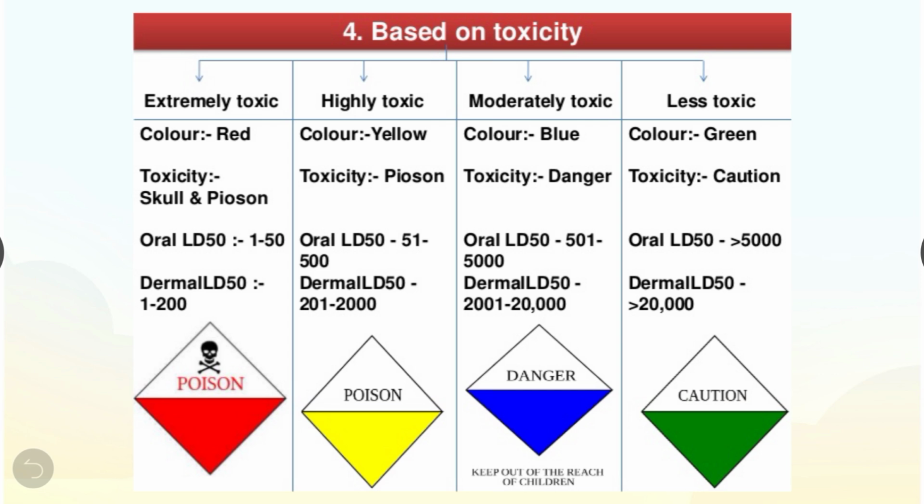Moderately toxic: the color is blue, toxicity danger, oral LD50 is 501 to 5000, dermal LD50 is 2001 to 20,000. Less toxic: the color is green, toxicity is caution, oral LD50 is greater than 5000, and dermal LD50 is greater than 20,000.